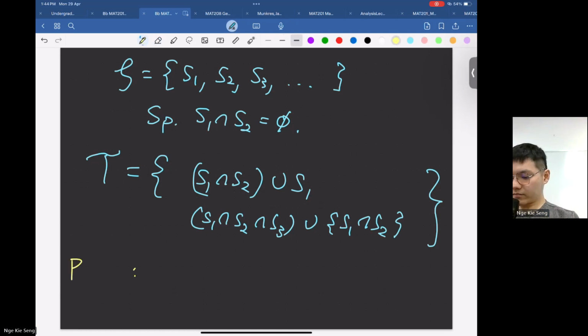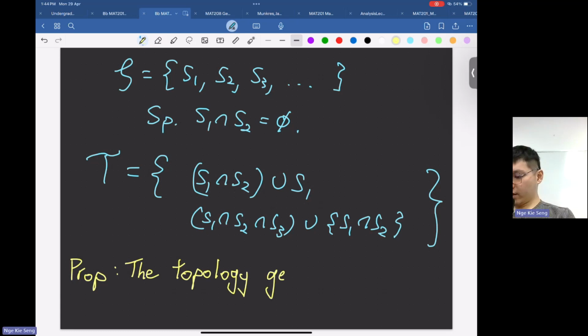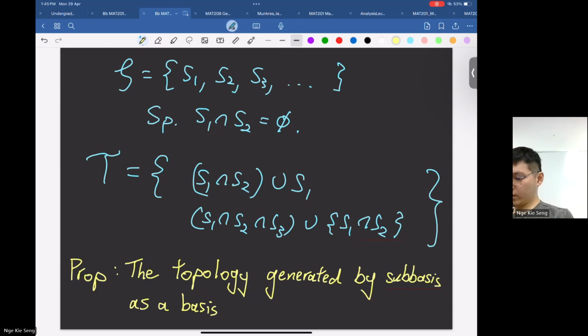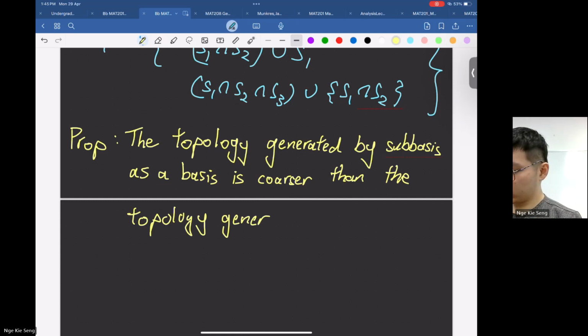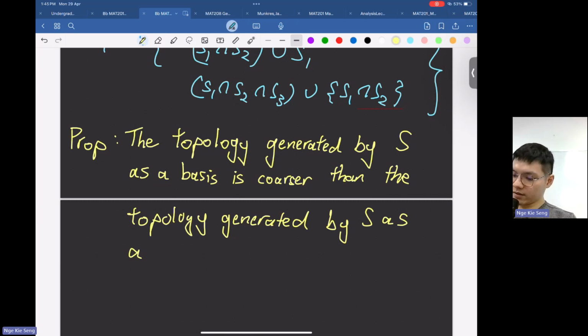Proposition. The topology generated by X as a basis is coarser than the topology generated by S as a subbasis.